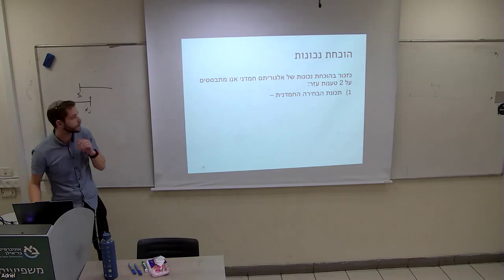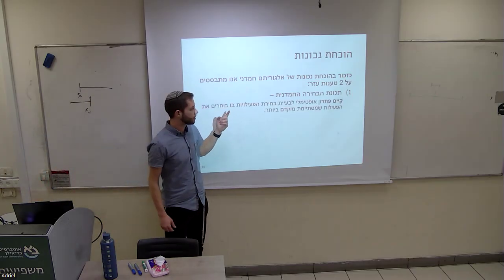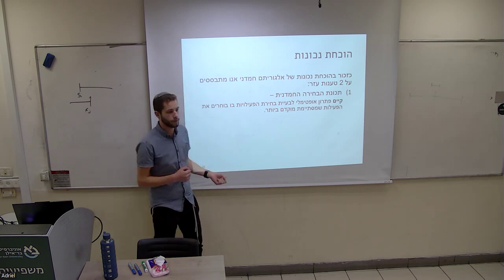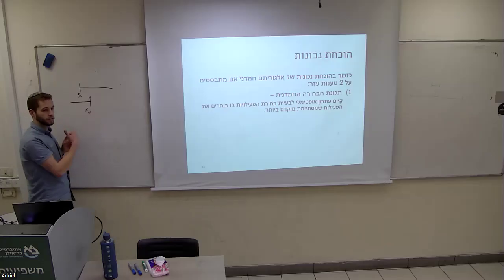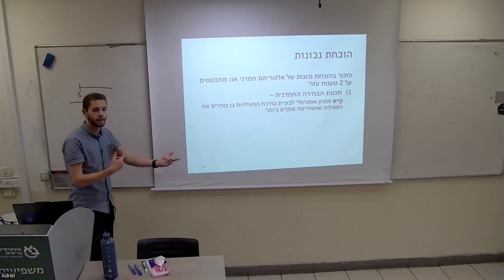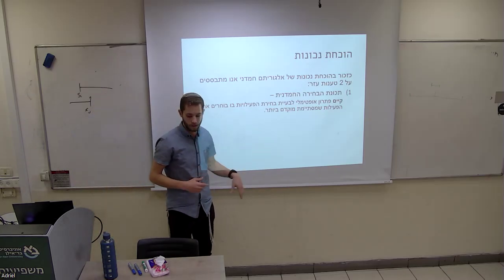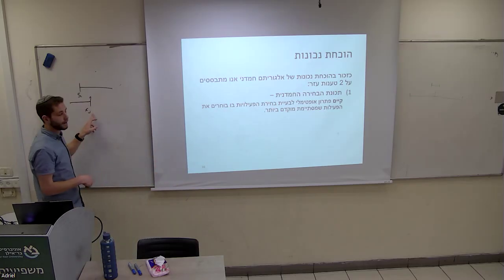First is the greedy choice: that there exists some optimal solution for our problem that includes our greedy choice. If we take the activity that finishes earliest, it doesn't ruin our chances at an optimal solution.